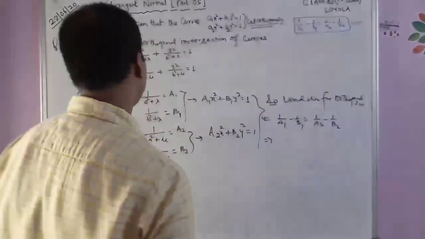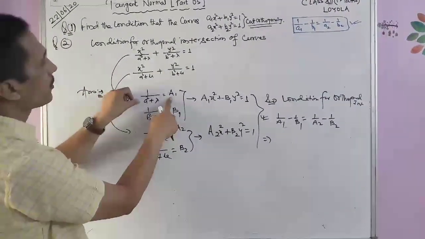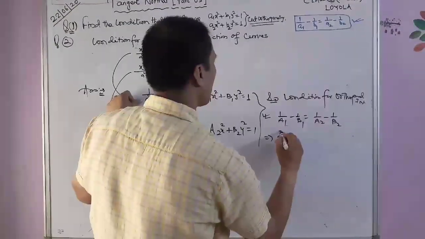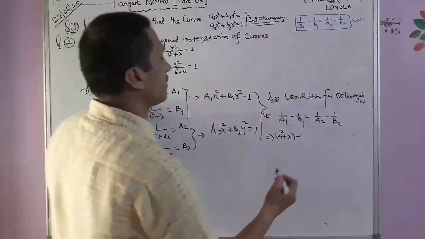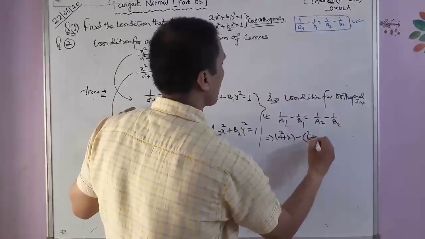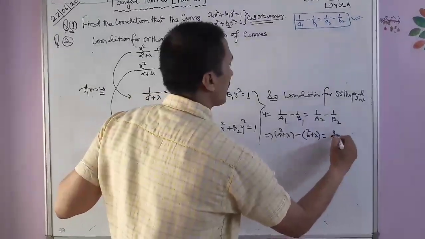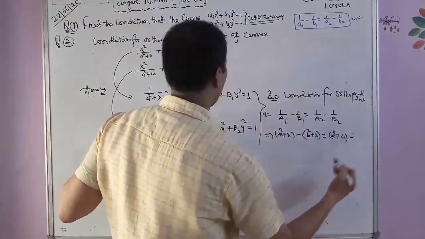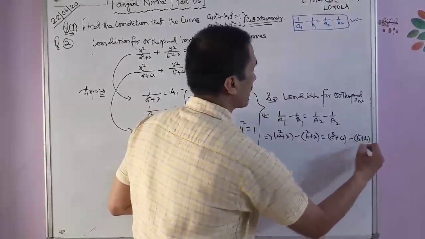This implies, here a1 is 1 upon this, so 1 upon a1 means a square plus lambda, minus 1 upon b1 means b square plus lambda. 1 upon a2 means a square plus mu, minus 1 upon b2 means b square plus mu.